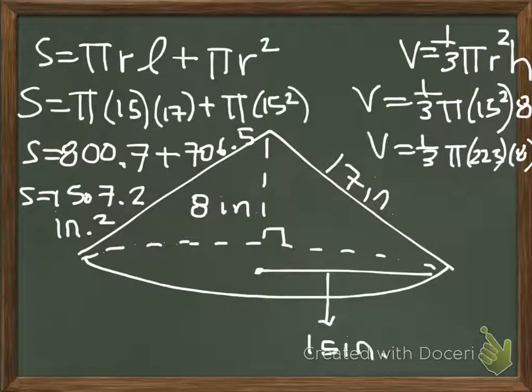So 225 times 8 times pi times 1/3, or you could do divided by 3, which is 1884. And we label volume with cubed, so inches cubed.